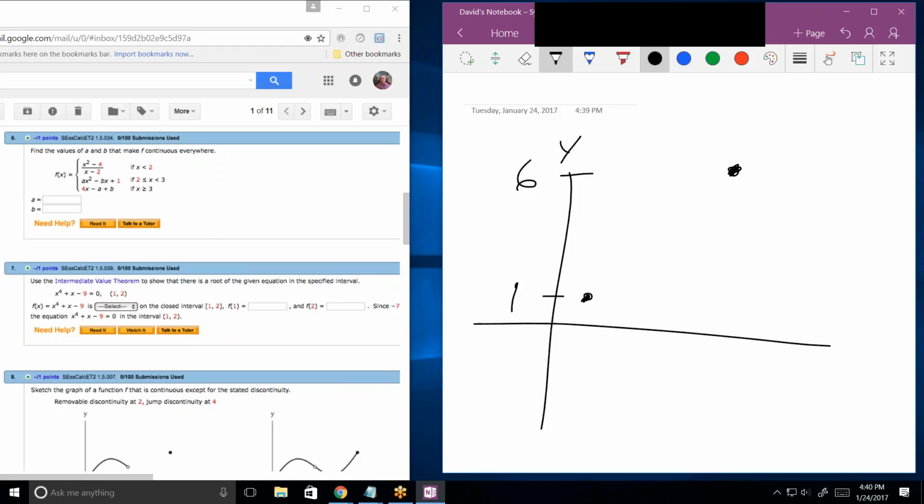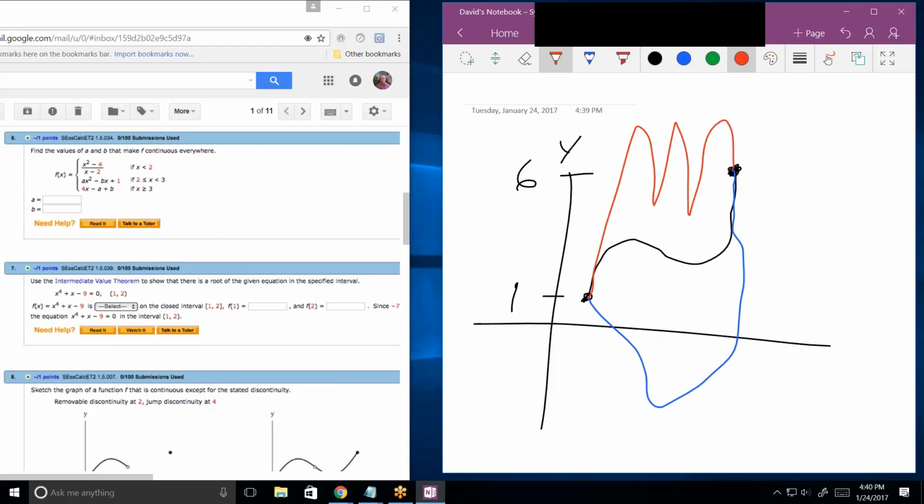No matter how I draw it, I can draw it like this. I can draw it like this. I can draw it like this. The red, the black, and the blue each have a y value somewhere in their function that is every single point between 1 and 6.